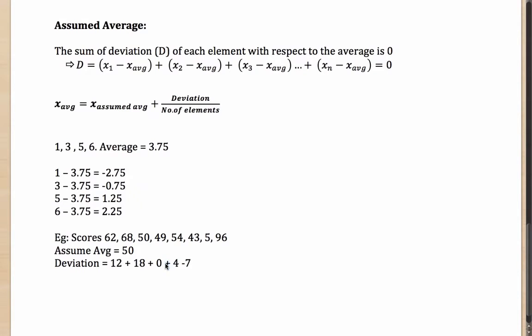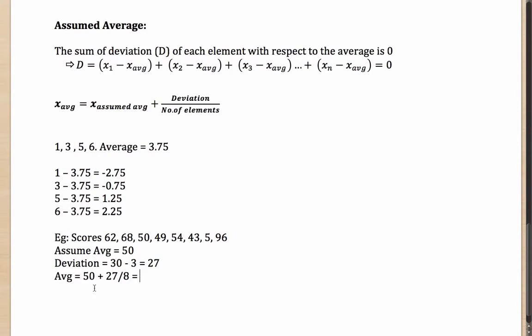So let me first cancel these. Then I have a plus 4 minus 7, which can be written as minus 3, whereas 12 plus 18 can be written as 30, so the total deviation, as you can see very easily, I have calculated as 27, and this will lead to my actual average. My actual average will be nothing else but 50 plus 27 by 8.